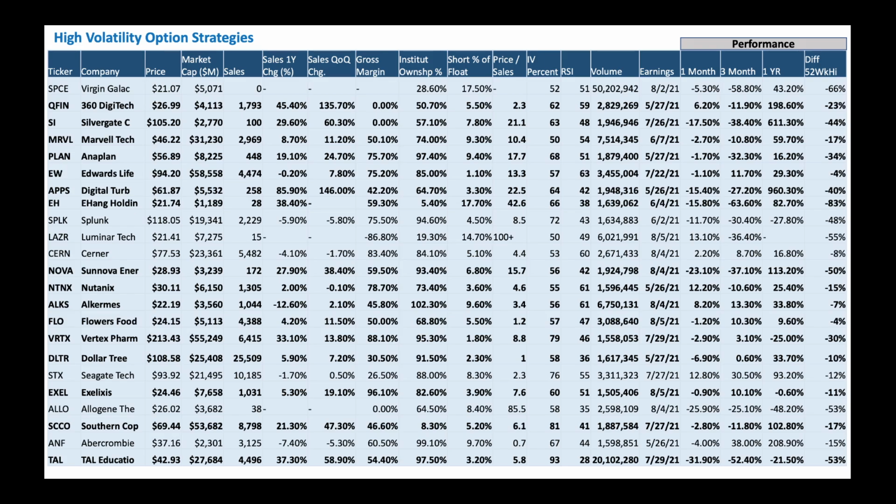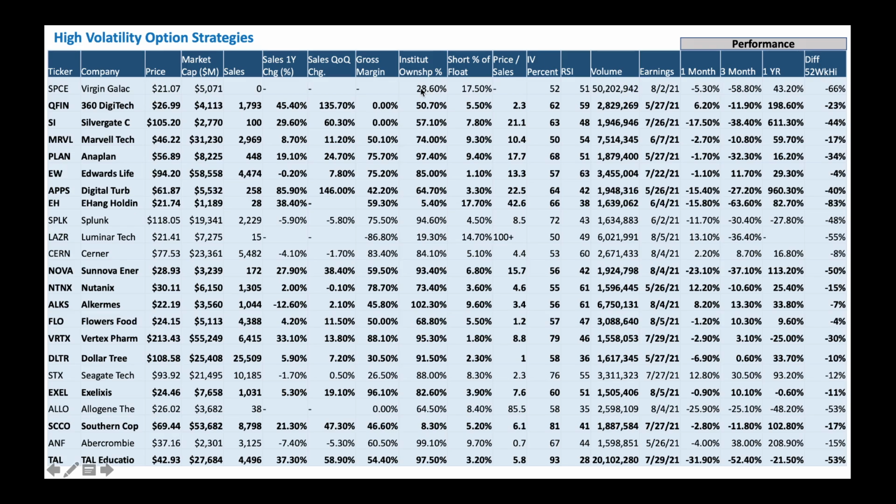Then we have performance for 1 month, 3 months, and 1 year. 1 month and 3 months are important because they tell you, what have you done for me lately, type of thought process. If in 1 month and 3 months it's going up, you can see some good momentum there. Also very important is how far it is from the 52-week high.